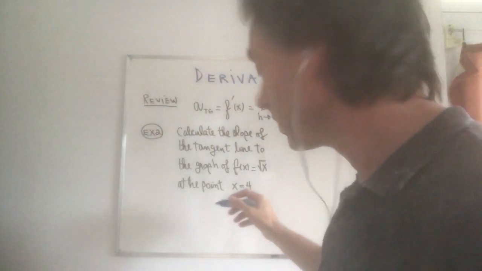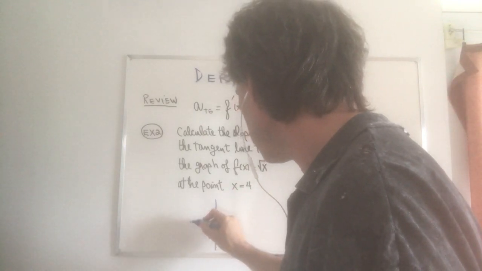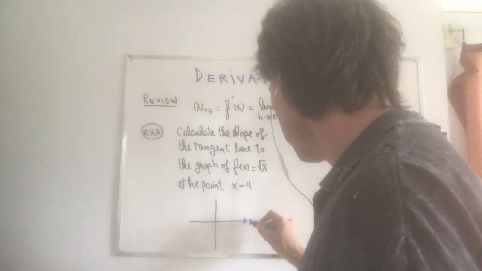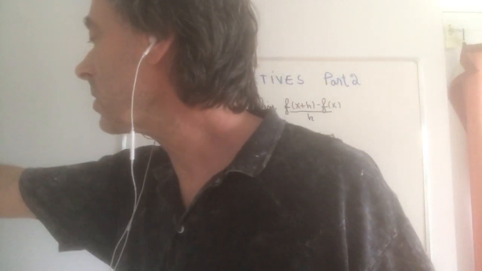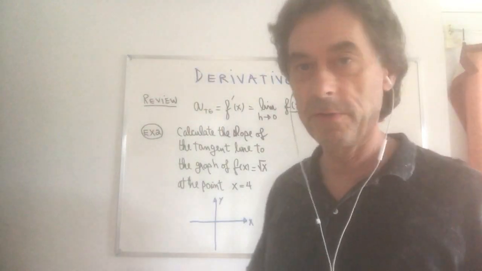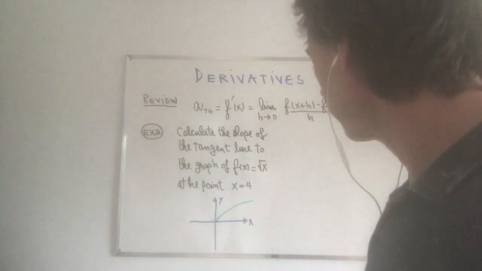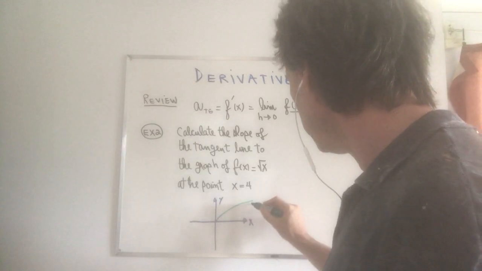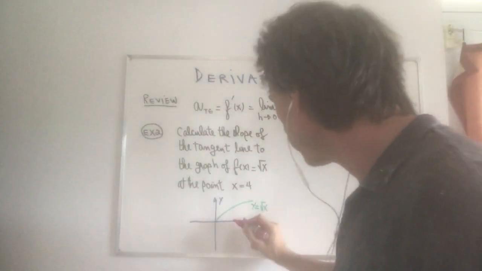So before we dwell deep into the calculations, let us show what we are going to obtain. Set of axes. Here's my x and my y. What is the graph of y is equal to root x? A very well-known formula that we have reviewed in the videos. It looks like this. And the point x is equal to 4 is about here, let's say.